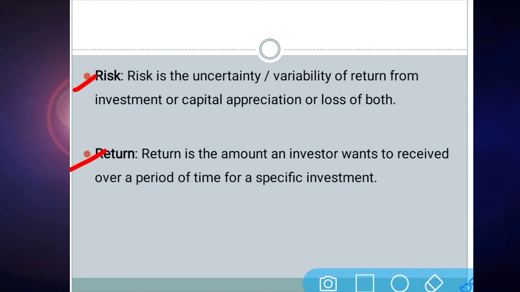That is called return. Say for example, if a person has invested 1 lakh rupees, then he expects that after 1 year this 1 lakh rupees becomes 1,40,000. So the person is expecting 40,000 rupees as a return.